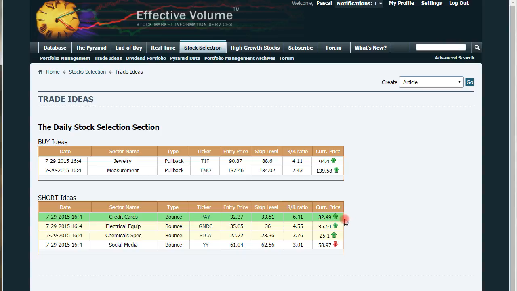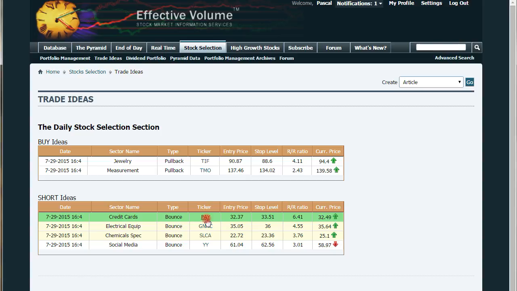This is not because I'm receiving an alert that I will enter that trade. For example, for pay here, we got an alert yesterday. I think it's about at midday, but I didn't enter the trade.